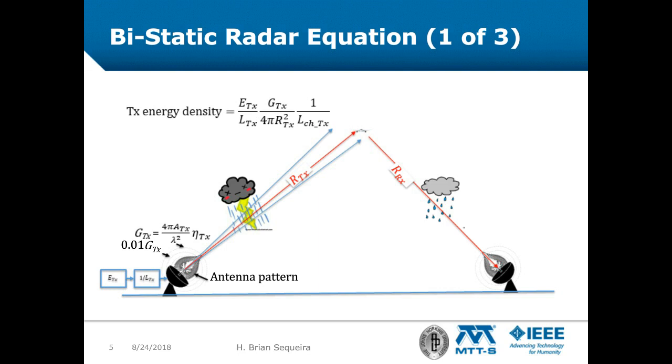The radar equation, Brian? Yes? Sorry, will you be sure to advance the slides? I am on bistatic radar equation 1 of 3. Can you please make sure I've been advancing the slides? I am trying to, but one of the keys is working, but the other is not.